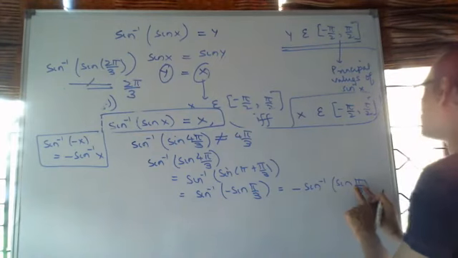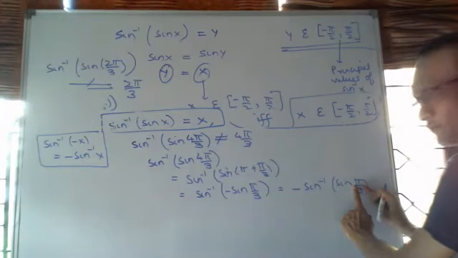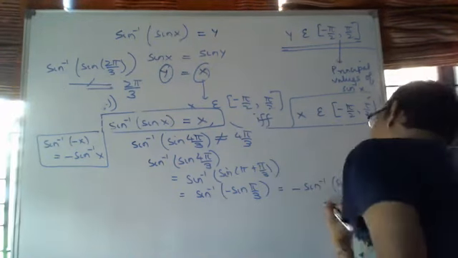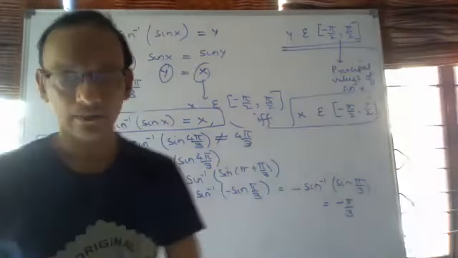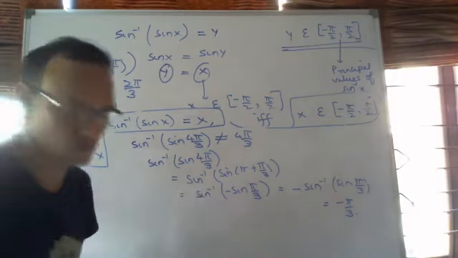Now this comes in the principal value range, minus π/2 to plus π/2. Sin inverse sin π/3 will be π/3, and take the minus along with the output, so it will be minus π/3.